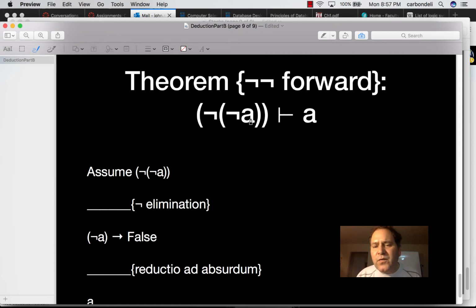And if A is true, negating A results in false. And then if we negate that again, if we negate false, we get true. And so just by some simple casual reflection, you can see that this theorem holds water.